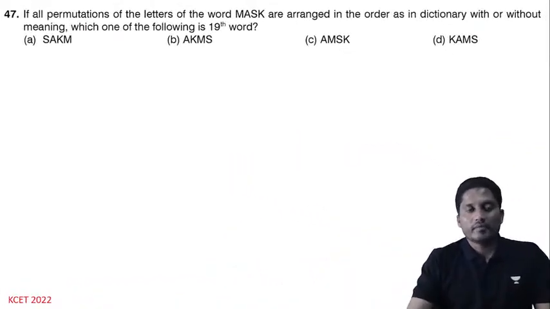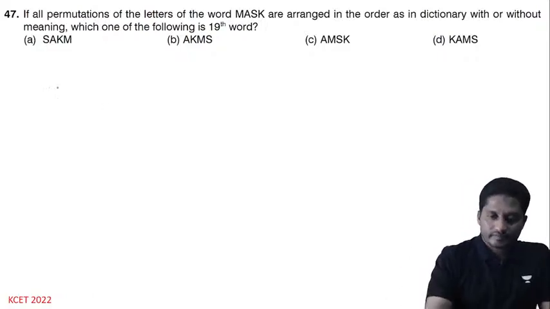All permutations of the letters of the word MASK are arranged in order as in a dictionary, with or without meaning. Which one of the following is the 19th word?